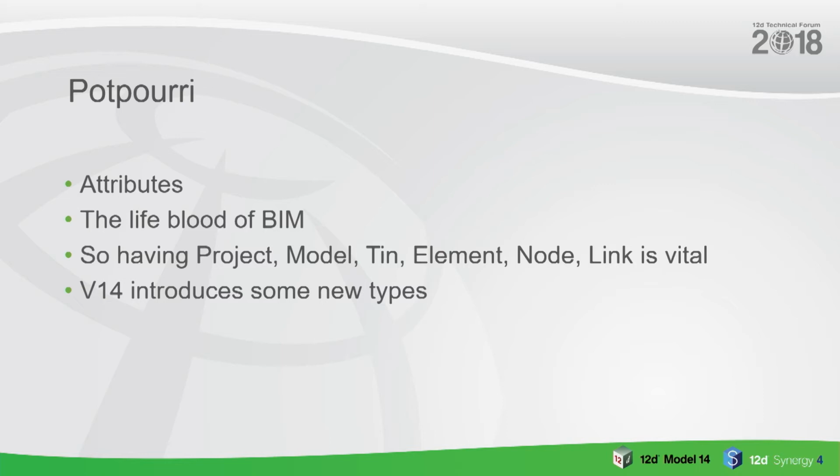V14 introduces some new attribute types. 64-bit integers. You're saying, why would you need such a big number? We get projects from people where they have done so many recalcs and so much work in them that some of our numbers, which we thought we would never in a million years get to 2 billion, they've got past 2 billion.